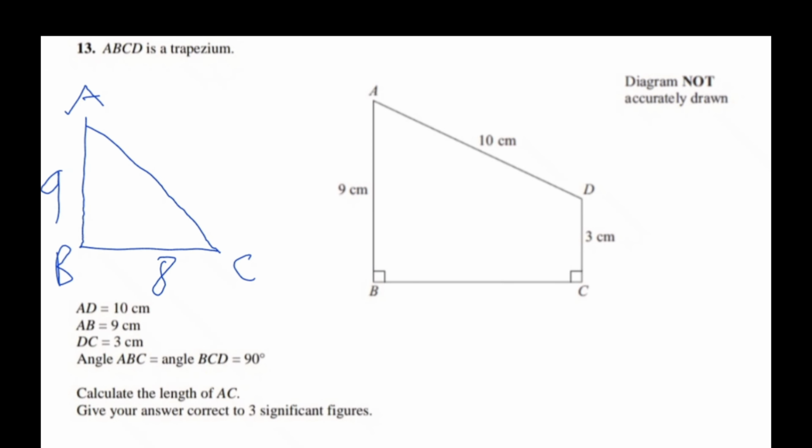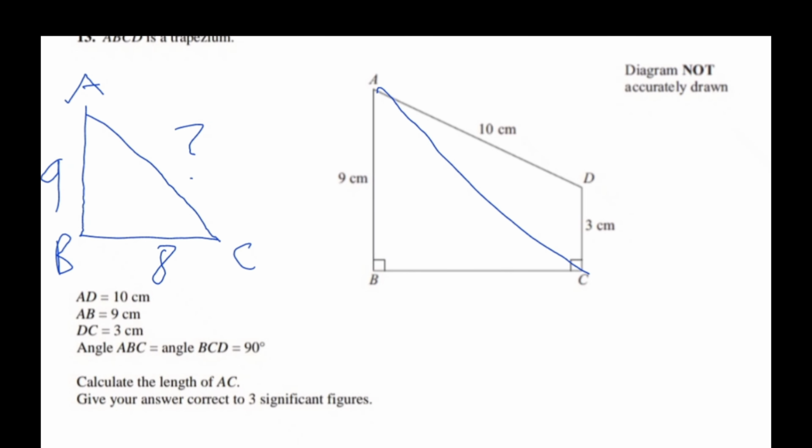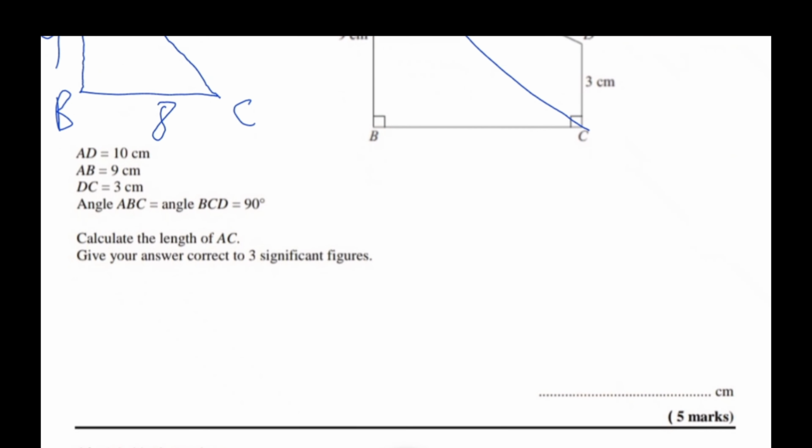Let's fill out the triangle with the values that we know, and we'll leave a question mark on the hypotenuse to see that this is our target length. Again, we revert to the original triangle, and now we apply Pythagoras' theorem. So we have both the lengths of the short sides.